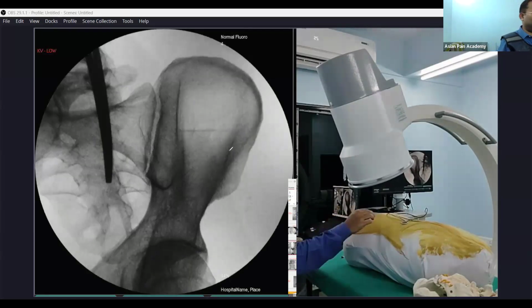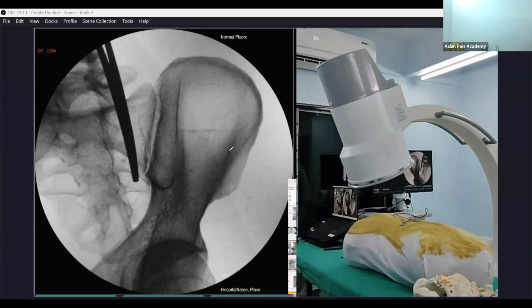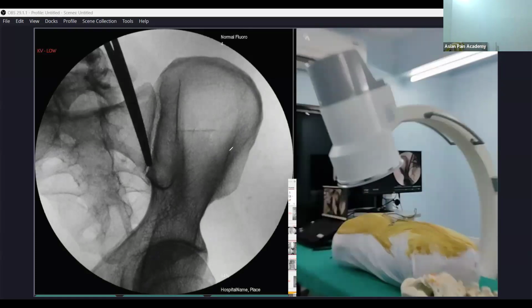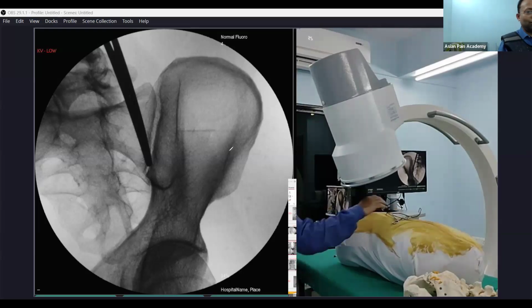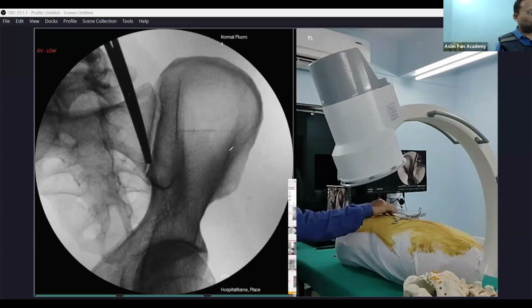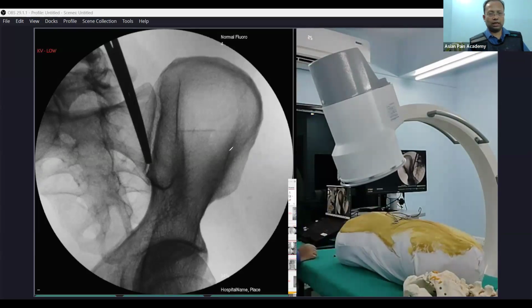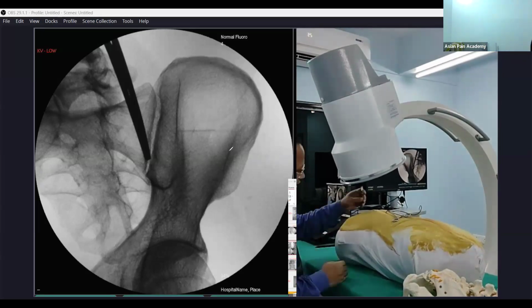So this is okay. Here one important thing is that this joint is a bit less opened, as we have made this joint line a bit less opened, as this has been made by us and not an actual human being's joint.